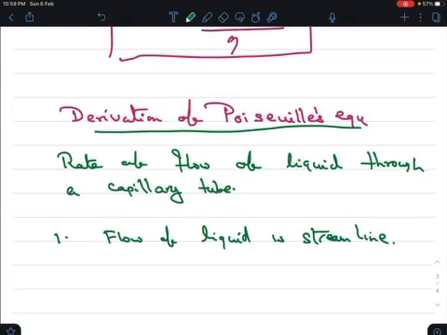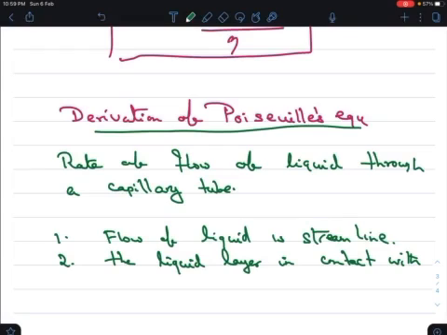Second, the liquid layer in contact with the walls of the tube is at rest.